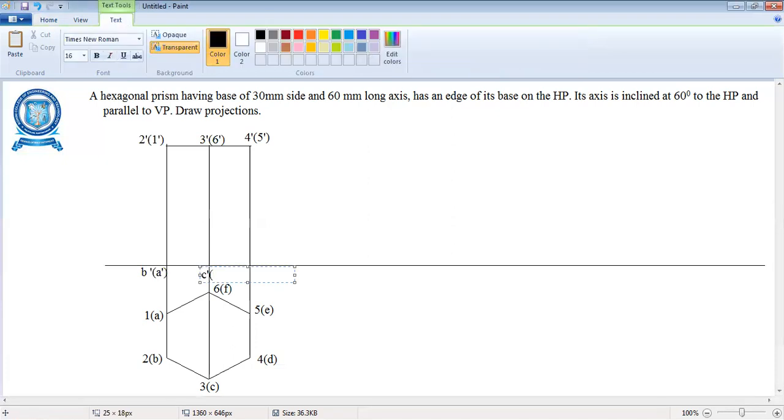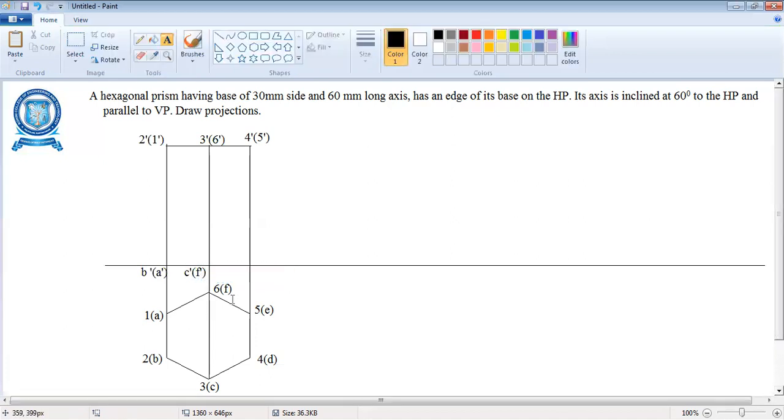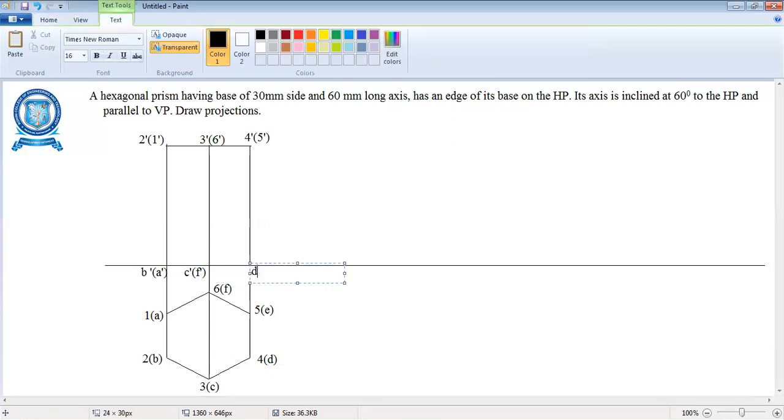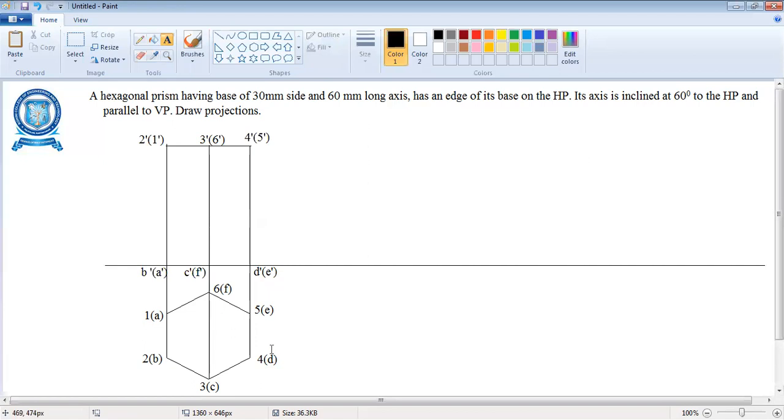C dash bracket F dash, B dash bracket E dash. So this is the basic position of the hexagonal prism, resting on HP with its base edge.